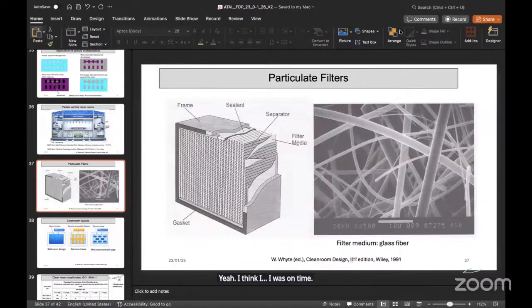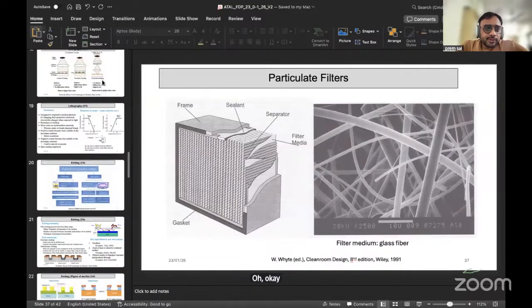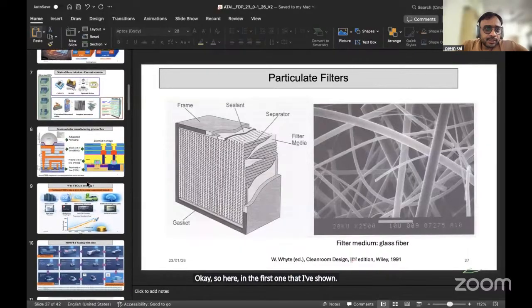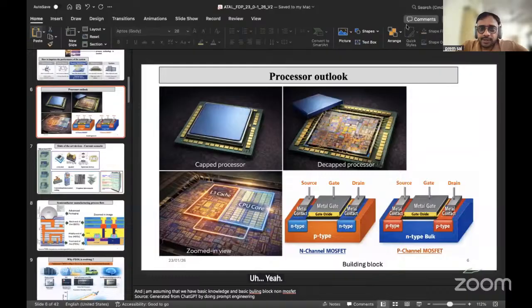Meanwhile, I have one basic question: how are NMOS and PMOS fabrication processes different, or are they the same? Okay, so here in the first one I've shown, the fabrication is the same.